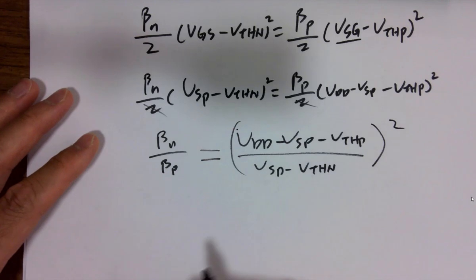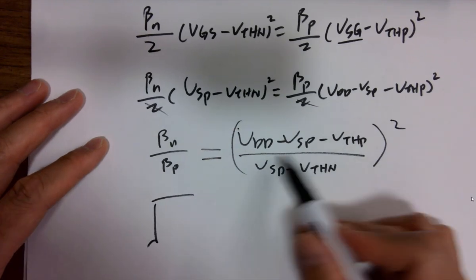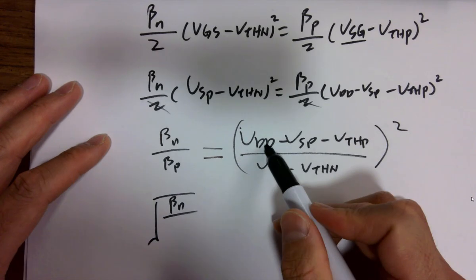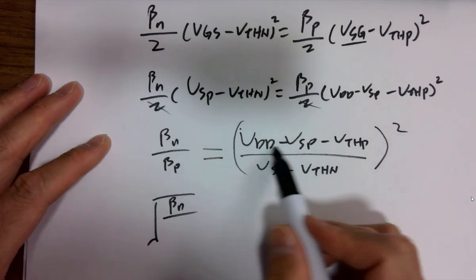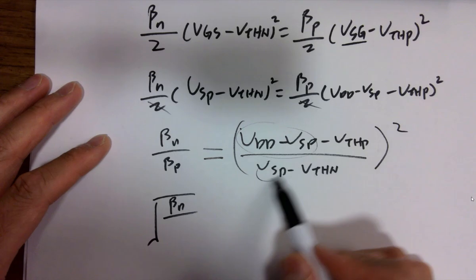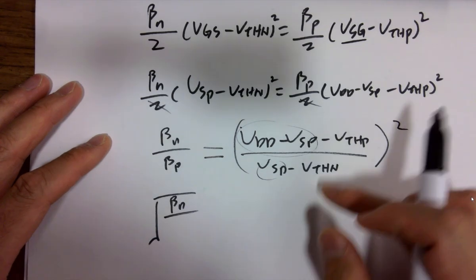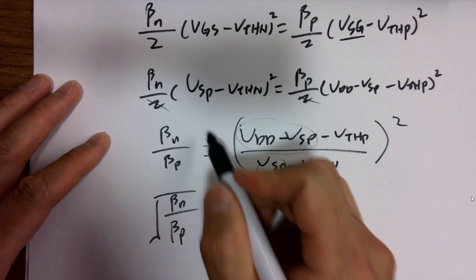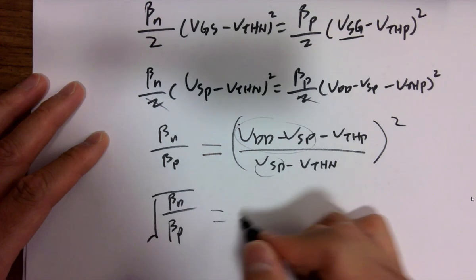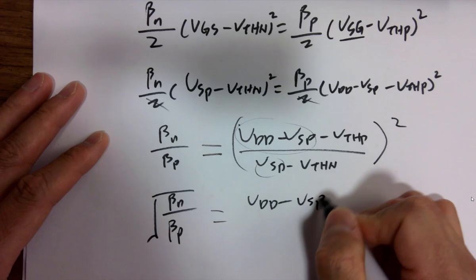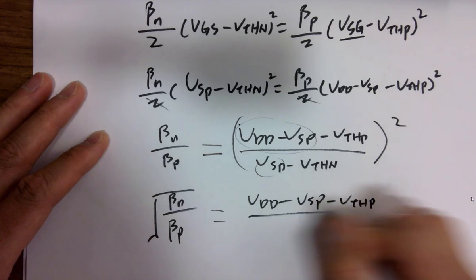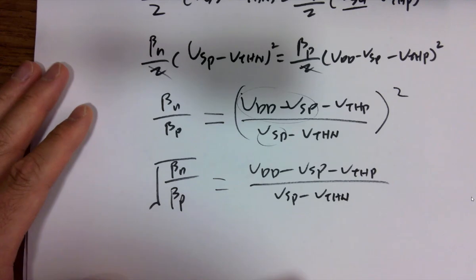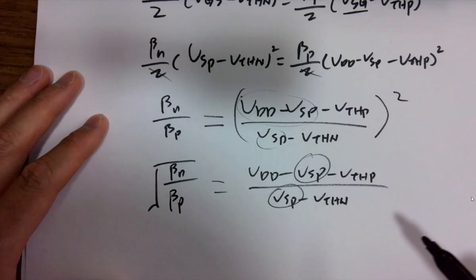You take a square root on both sides because both are positive numbers. The transistors are on, so VGS and VSG are larger than the threshold voltage. So you can directly take the square root on both sides. We're getting VDD, and there's just one variable left.